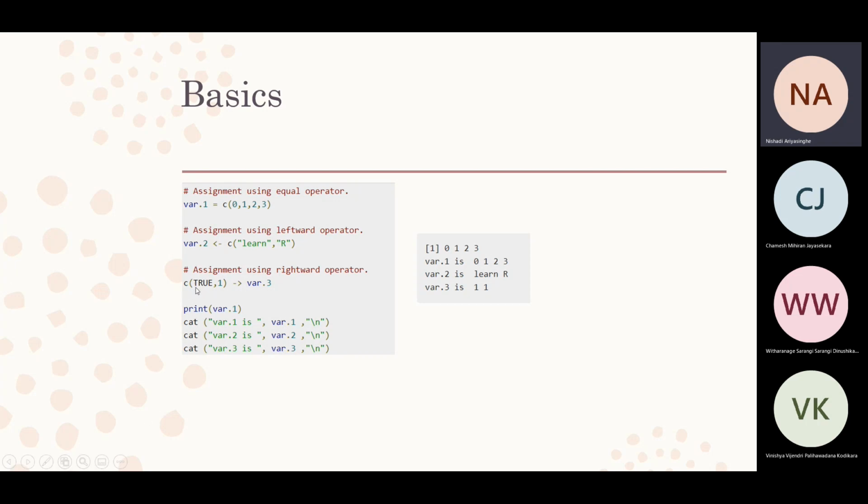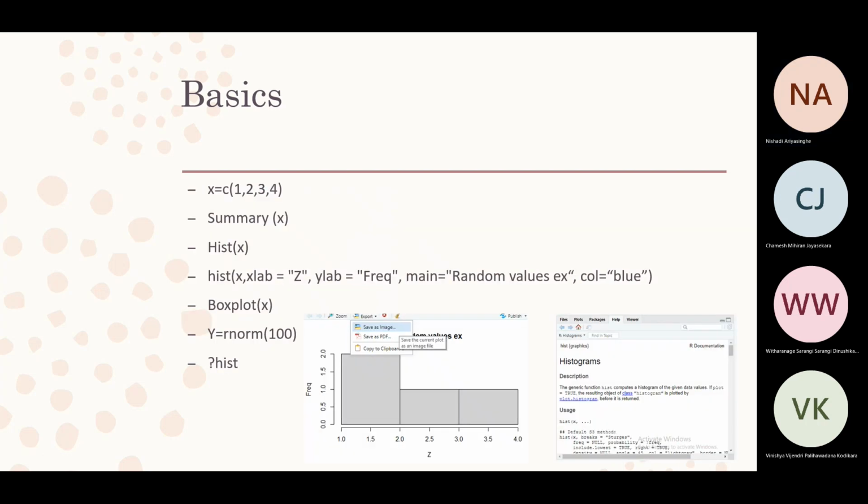When we print this TRUE, it will be printed as 1, right? And another one is here. So these two values will be printed like this. Okay, so that is a very simple example of using the assignment operator, right?